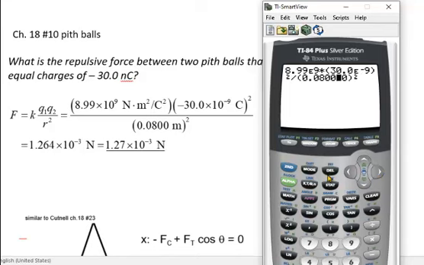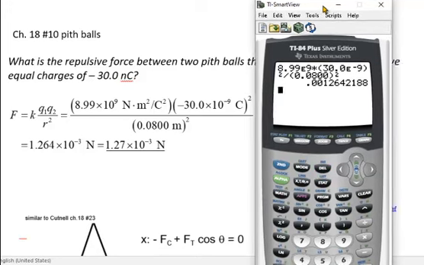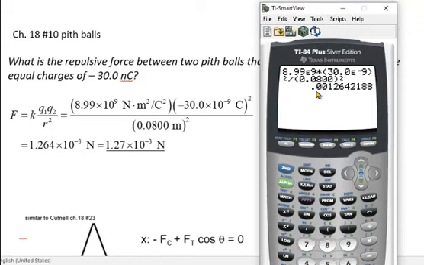I get rid of the rest, and if I didn't make a mistake, I come up with this. Let's see if that's true. Oh, yep, there it is. 0.00126 newtons. Look, they rounded strangely, right? They should have rounded 1.26 times 10 to the negative 3 newtons. Anyway, a relatively small force.